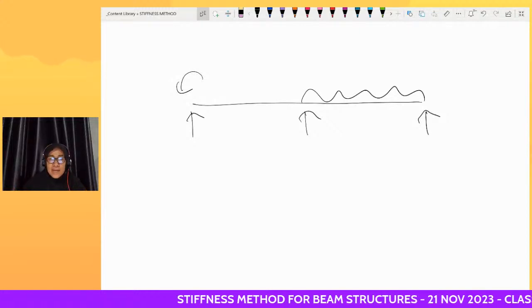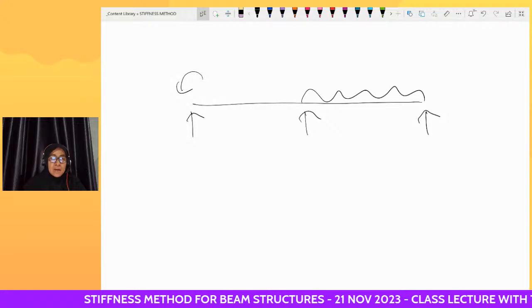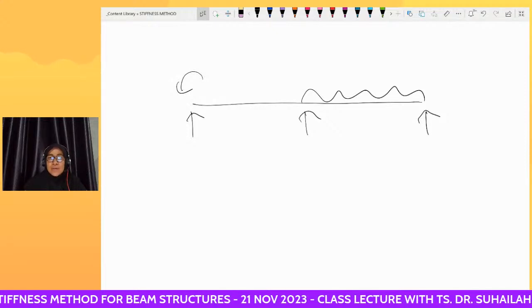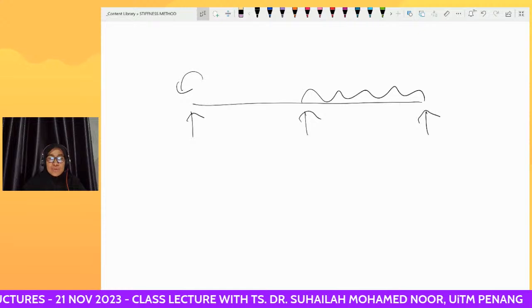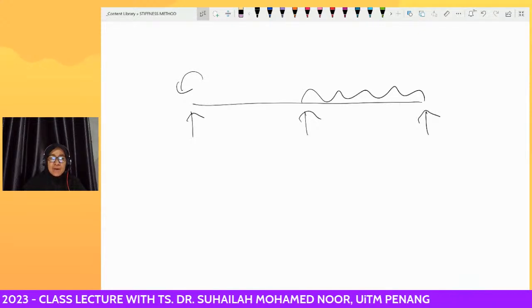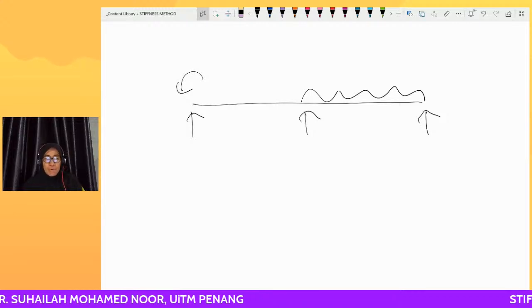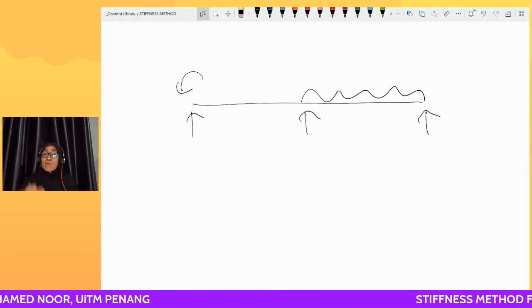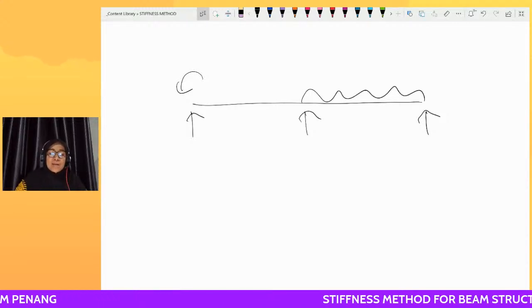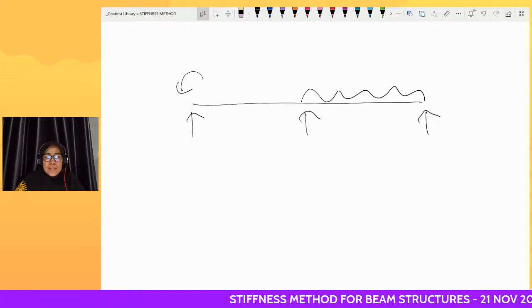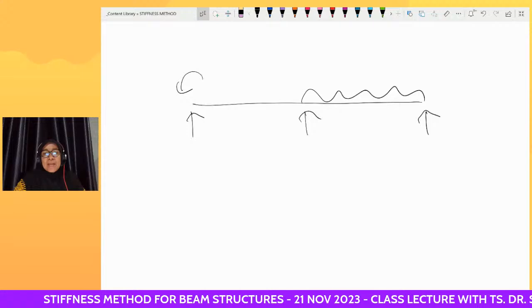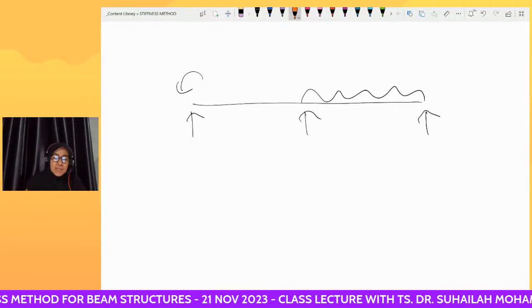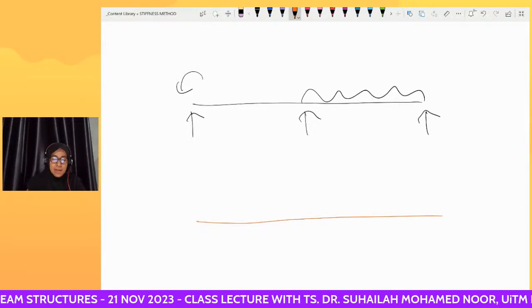I've uploaded that, so you can find that one also, and also in the Padlet. For the stiffness method, I have put the link for my own website, which discusses some examples until the diagrams, the shear force diagram and bending moment diagram. So basically, it is like this.